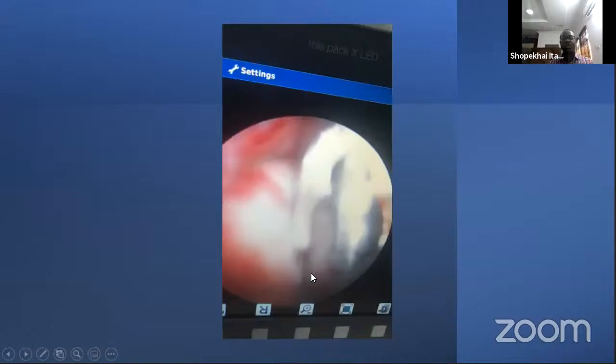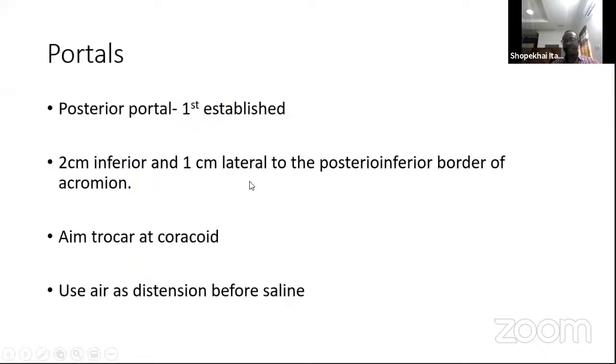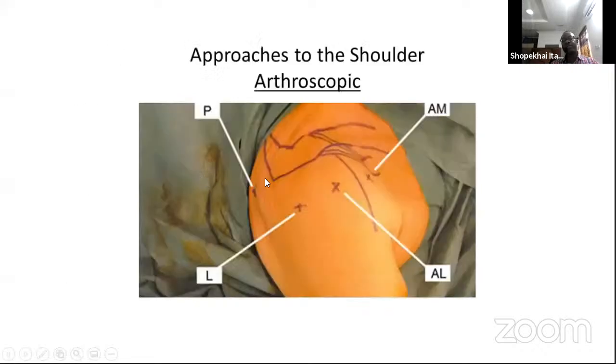I'll go back to our initial diagram there, and that's your anterolateral and posterolateral, or some people call it direct lateral. So through these portals, don't forget that this is still your viewing portal, and you will be able to direct it into the subacromial space. You will see your spinal needle coming, and then the same way you made the anterior portals, you make these portals.